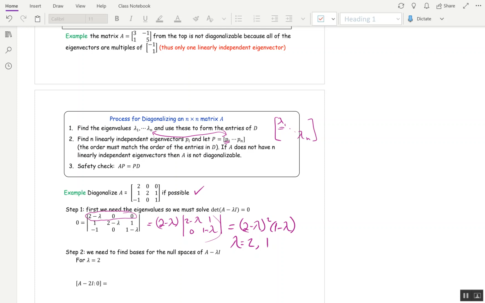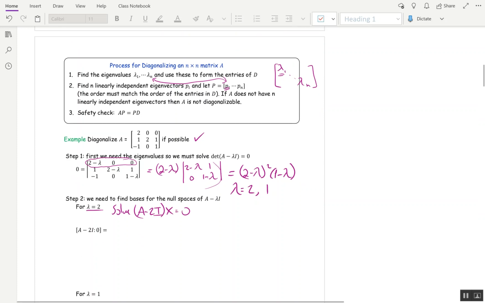Now for each eigenvalue, we have to find a basis for the eigenspace. So for lambda equals 2, we need to solve (A minus 2I) times x equals 0. So I went ahead and wrote down the augmented matrix (A minus 2I) augmented with 0.